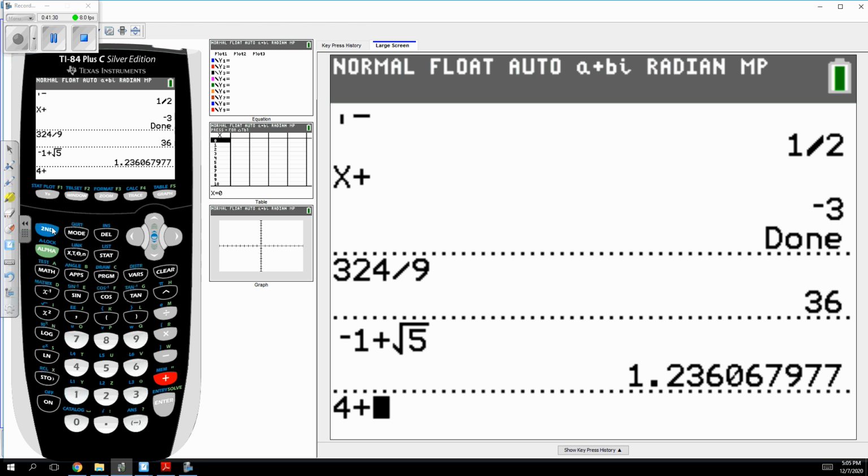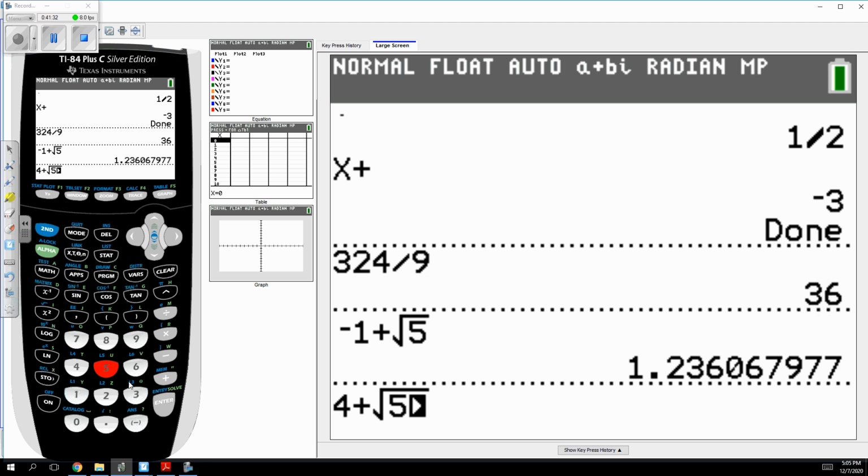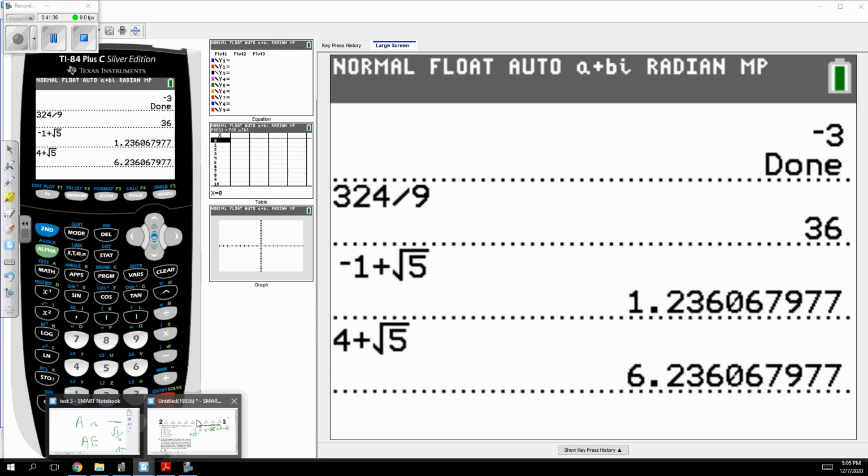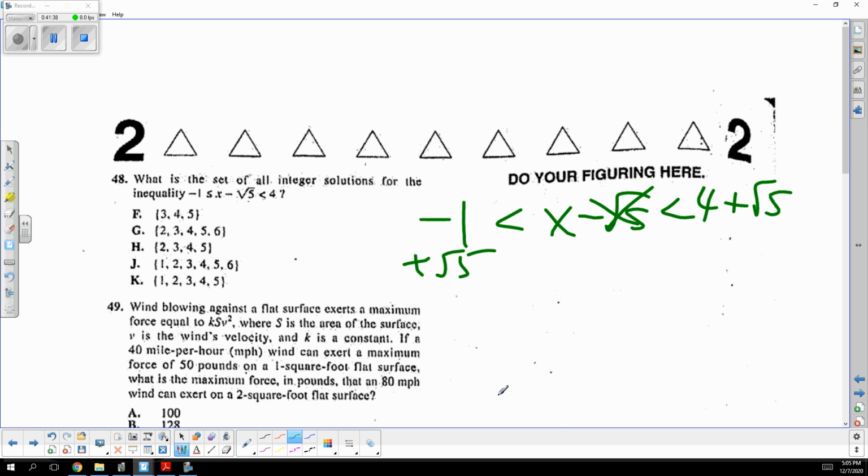And you're going to have 4 plus the square root of 5 on the other. So you're between 1.2 and 6.2. So the set of numbers between 1.2 and 6.2 is going to be which of those? You guessed it, G.